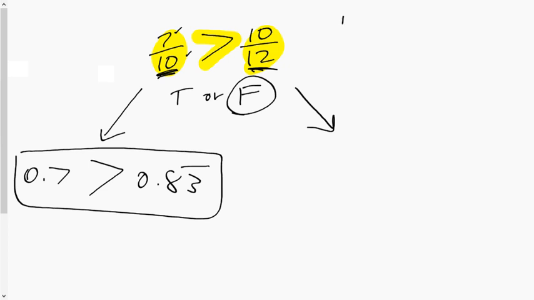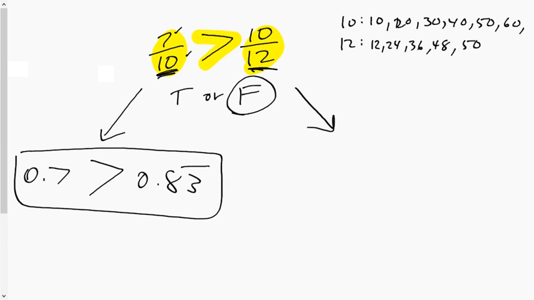So what I mean by that is if you took 10 and you took 12 and you looked at all the multiples, 10, 20, 30, 40, 50, 60, 70, and 12, 24, 36, 48, 60, 72. The first one they share is this number 60, right?